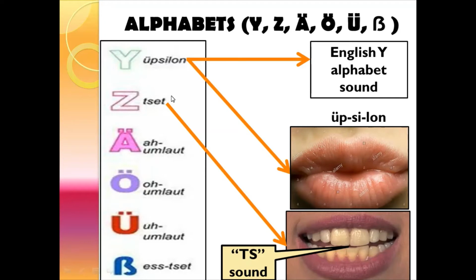Moving on, the next alphabet is the German Z. The German Z alphabet, which unlike previous German alphabets is not heavier in sound but softer than the English Z alphabet.